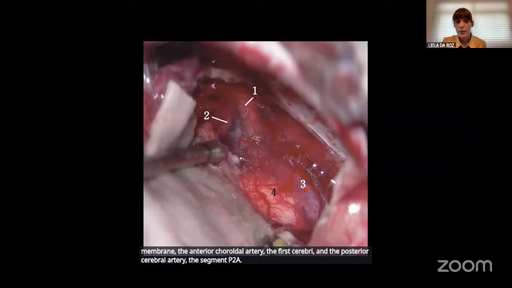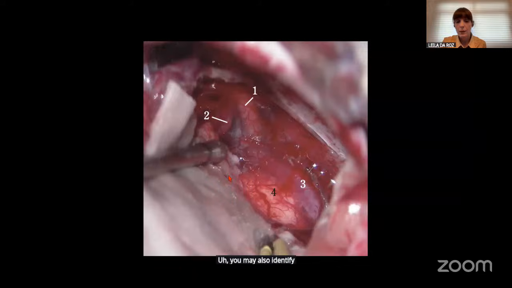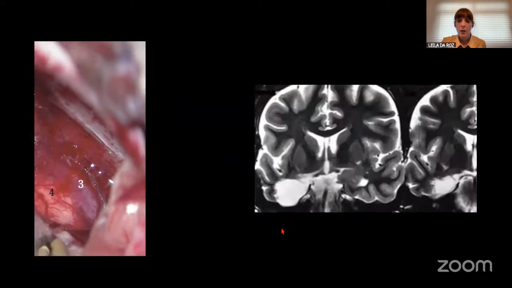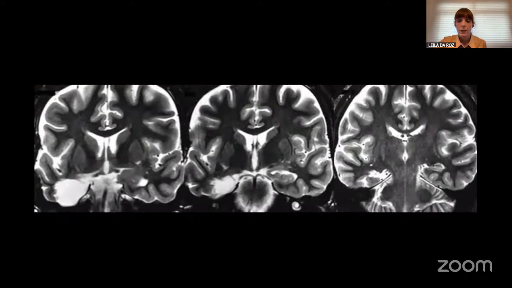You may also identify the optic tract or the lateral geniculate body. This image shows the postoperative MRI 3 months after the surgery.